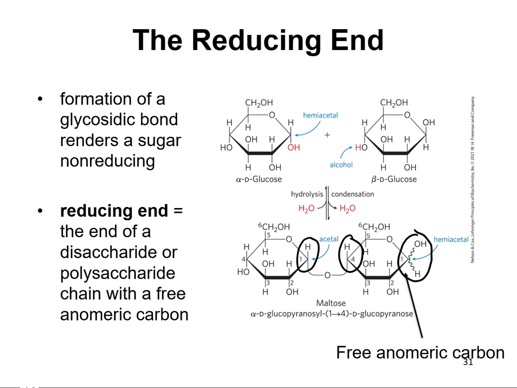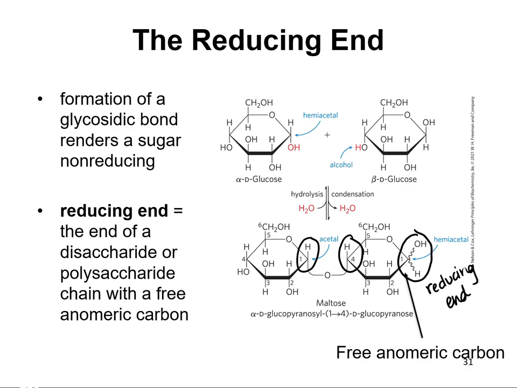That is called the reducing end. So sometimes when you bring together two monosaccharides, you will still have a reducing sugar at the end because there's another part of the molecule that can do some chemistry.